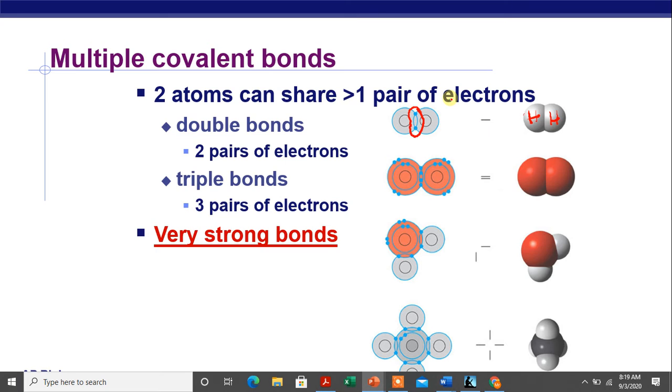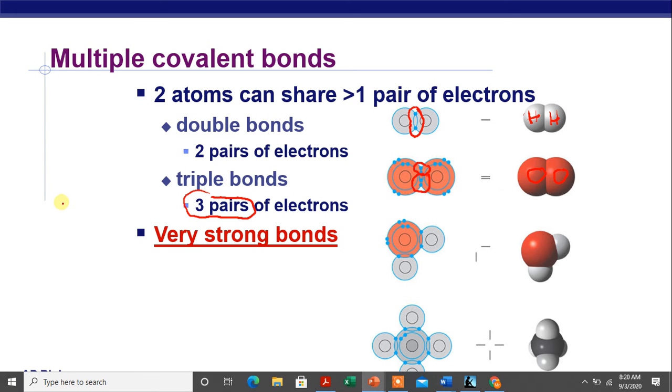But atoms can share more than one pair of electrons. If they share two pairs, here's one pair, two pairs, we call that a double bond, like in molecular oxygen, O2. Or in some cases, we can form triple bonds by sharing three pairs of electrons.